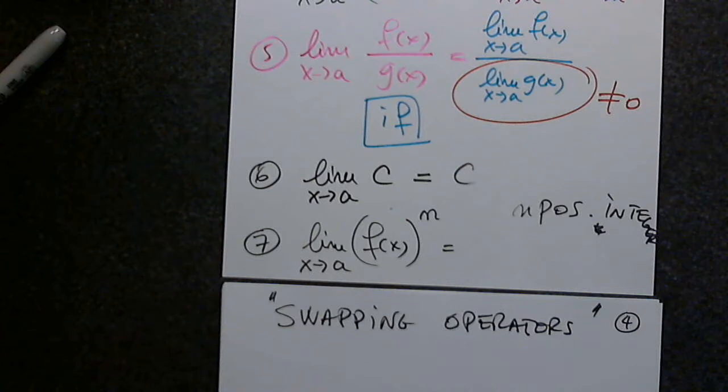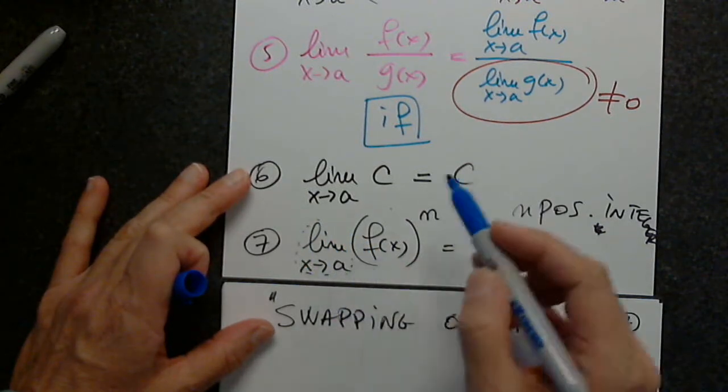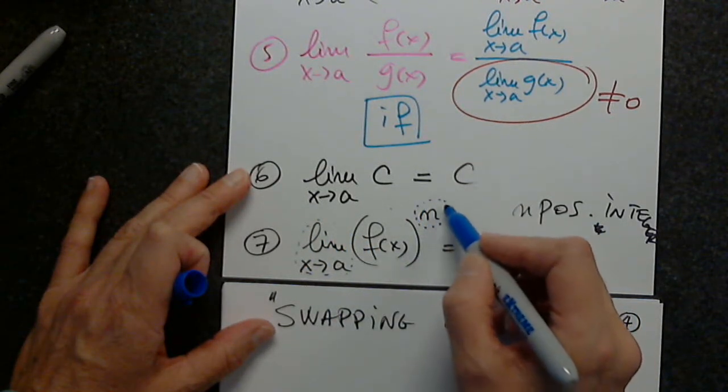It is only allowed in certain situations, and the situations are based on continuity, but we don't have that concept yet. We will. So this is an operator, and so is this. It's the power.